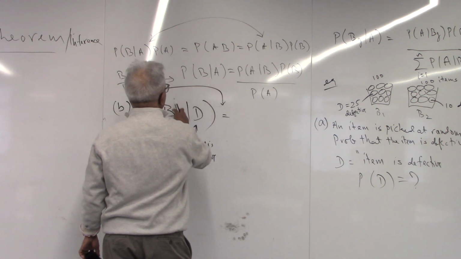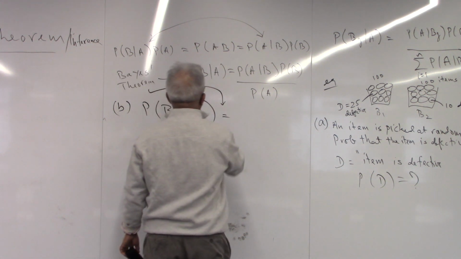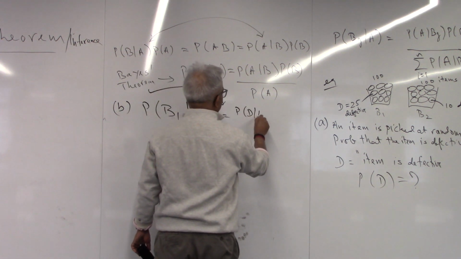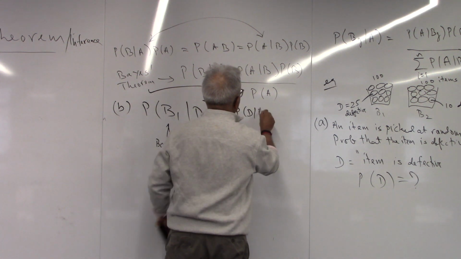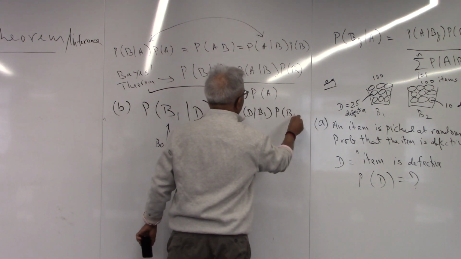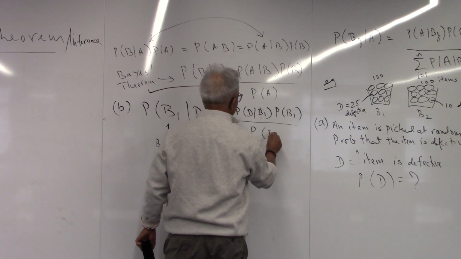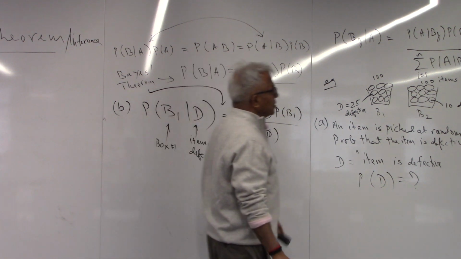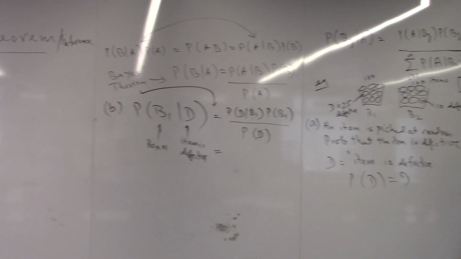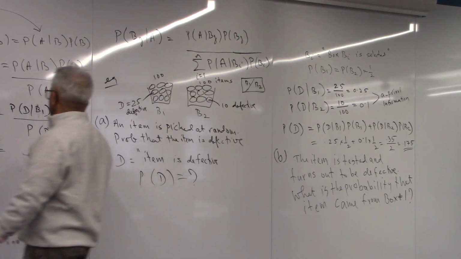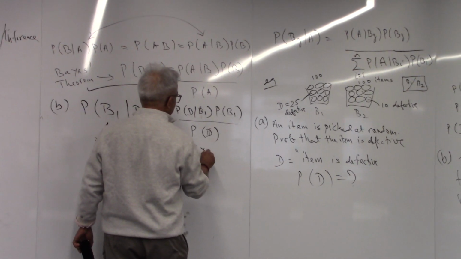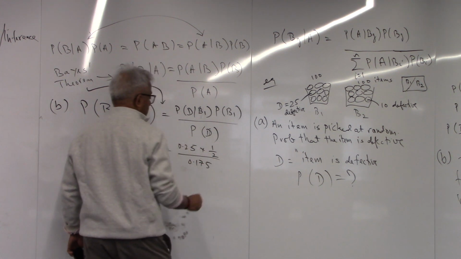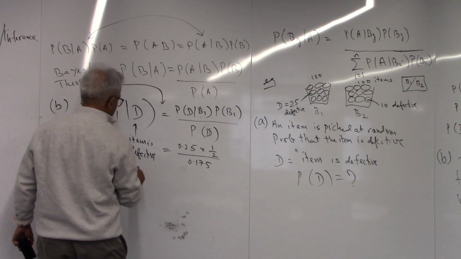So I'm going to use B1 instead of B, and D instead of A. So this reads P(D given B1) multiplied by P(B1) divided by P(D). And we have all the numbers here. P(D given B1) is 0.25. So this is 0.25 multiplied by 0.5 divided by 0.175.